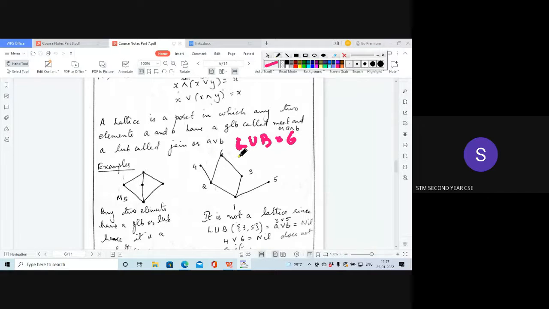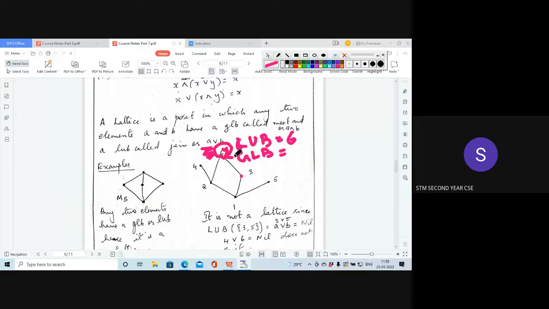Now what is the greatest lower bound of 3 and 6? You should note this: when 3 and 6 are taken, there is a self loop here. There are no elements above it. So you can consider 6 as an upper bound because we are checking for less than or equal to. Above, we are checking for greater than or equal to 6 or above 6.